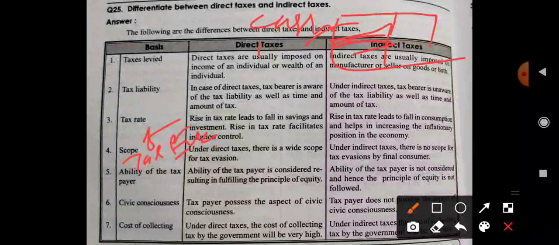Total rent they are collecting in cash, but people don't disclose this income to the government as it is received in cash. So what happens, whatever rental income is received can easily be evaded.